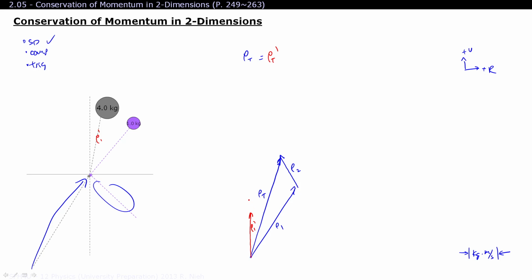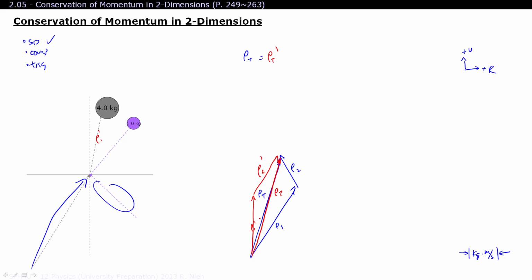And then we'll add it with, let me just draw this a bit longer, momentum number 2 afterwards. And it should also share the same total momentum. And that's how you'd solve it using a scale diagram if you were to draw it more carefully than I did. And that's why things don't match up perfectly here.